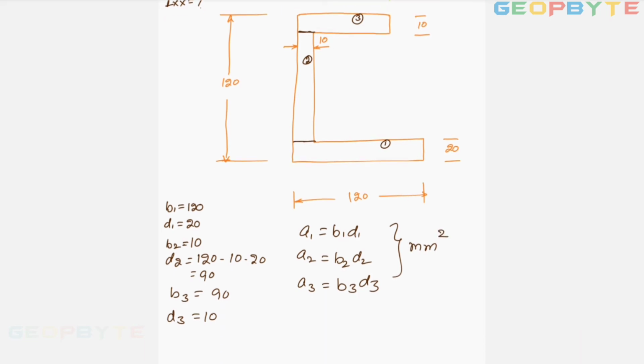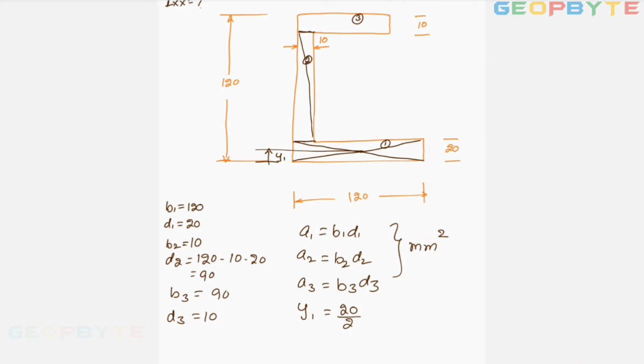Now let us find the y1, y2, y3. These are the diagonals. Wherever the diagonals are meeting, that is the centroid. For that, distance is y1. Look at the y1. y1 equal to only 20 by 2.